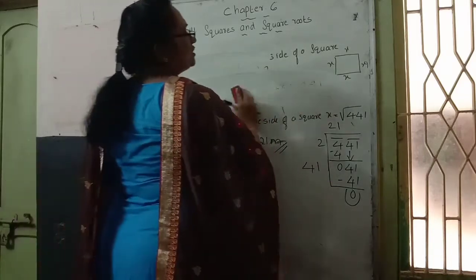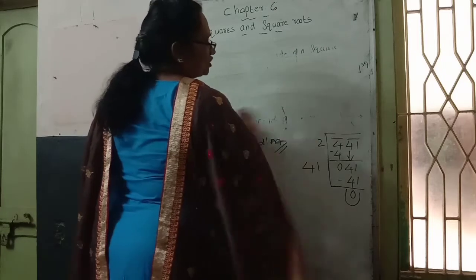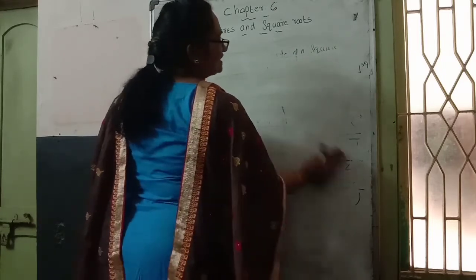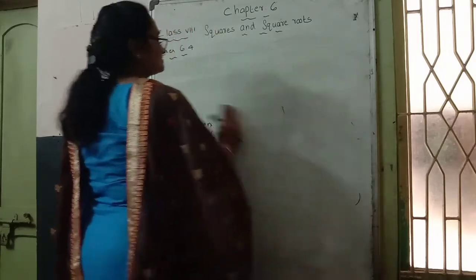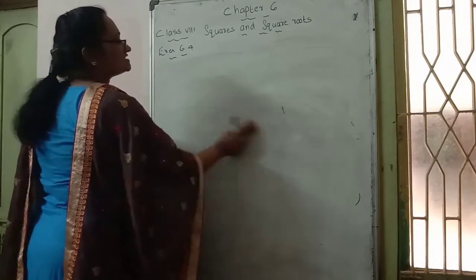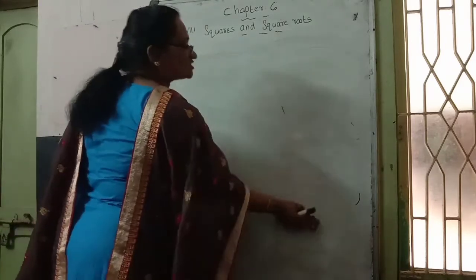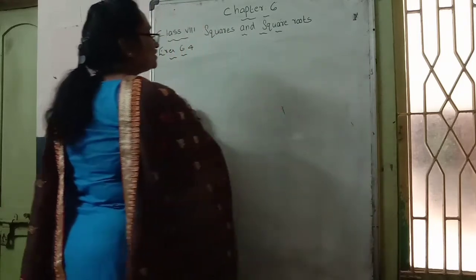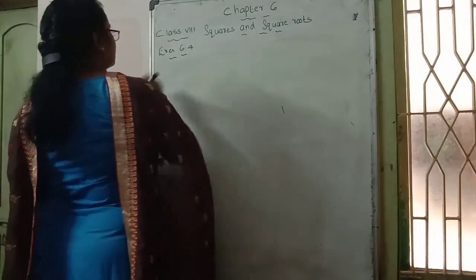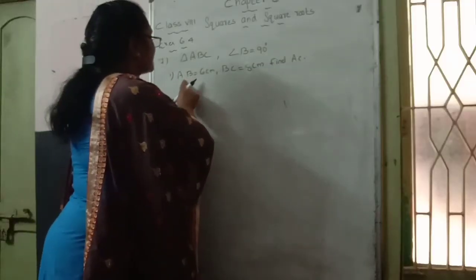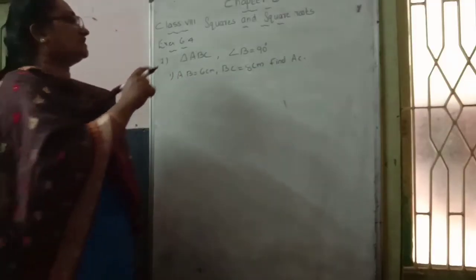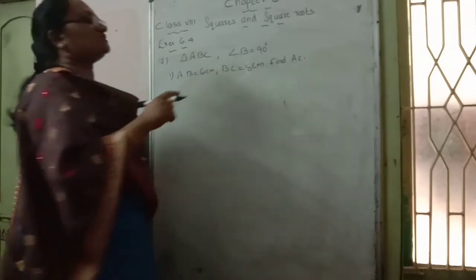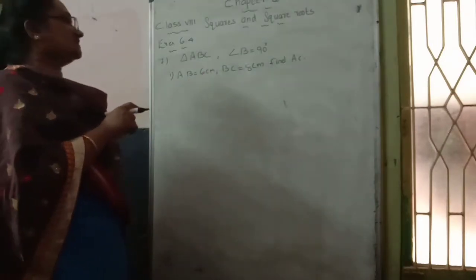Seventh question, here Pythagoras theorem. Already we learned the Pythagoras theorem. It says that the square of the longest side is equal to the sum of the squares of the other two sides. So the seventh question: AB side equals 6 centimeter, BC side equals 8 centimeter. Find AC side.